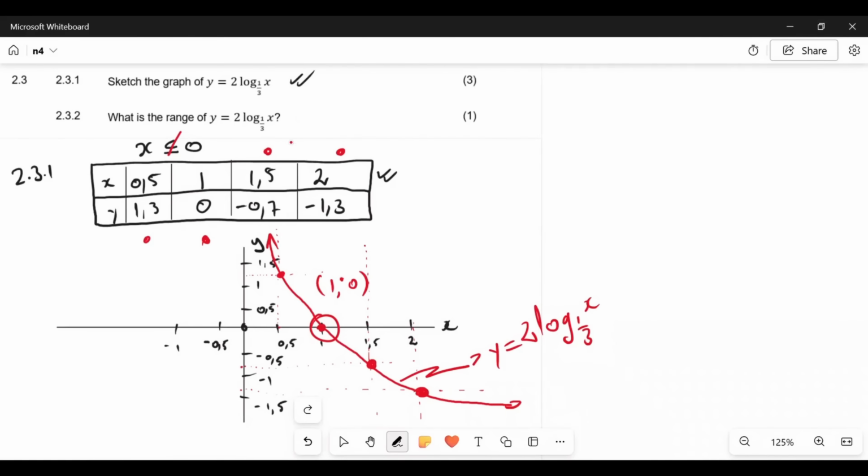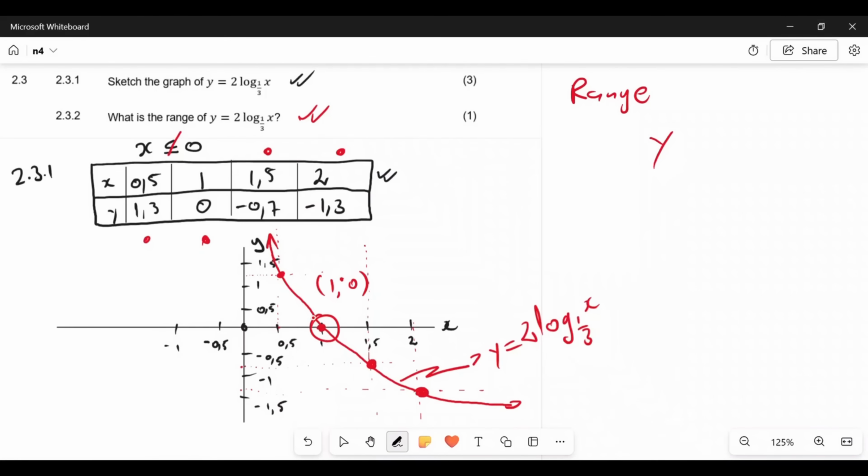All right, guys, let's look at question 2.3.2. Now, the question goes like this. What is the range of y equals 2 log x base 1 over 3? All right, guys, when they're asking for range, they're asking for the values of y at which our graph starts and where it ends. If you look here on the y-axis, we can see that it does not have the ending or the beginning of this graph.